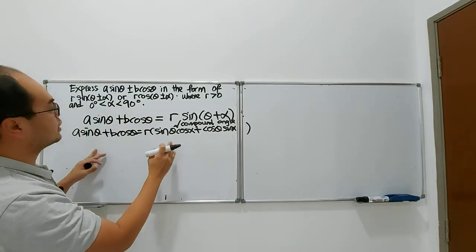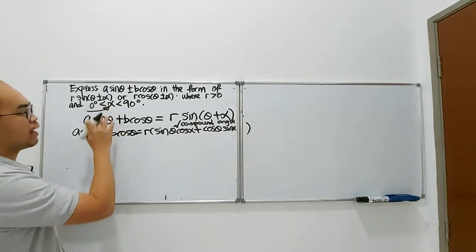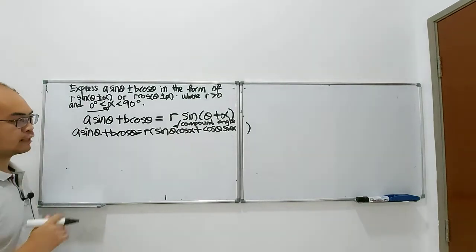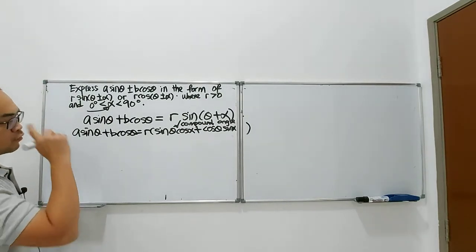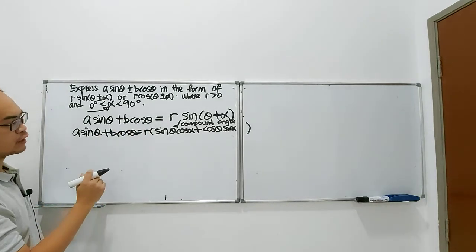Our objective here is to get alpha to be an acute angle. Alpha must be an acute angle and r must be a positive number, so you have to remember this. Now I'll show you how to generate the formula.